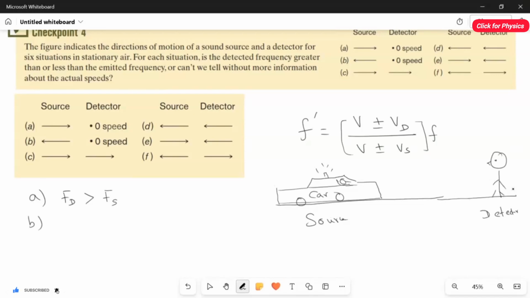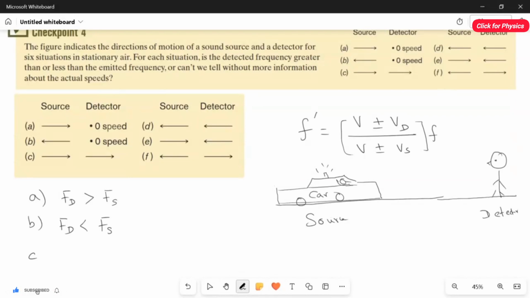That means the detected frequency will be less than the emitted frequency from the source. Clear? Because the source is moving away from the detector, the detector will hear only a low frequency.